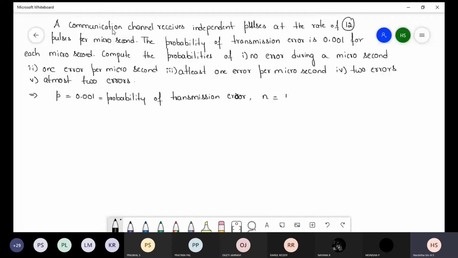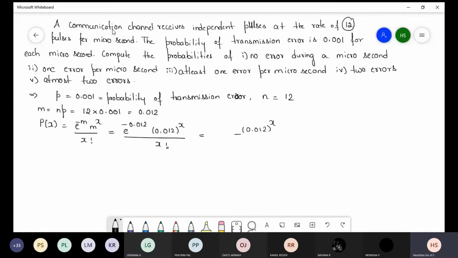So m is equal to np, that is 12 into 0.001, which is 0.012. Next, the probability function p of x is equal to e power minus m, m power x divided by x factorial. So e power minus 0.012 into 0.012 whole power x divided by x factorial, e power minus 0.012 is 0.9880. This is the value.